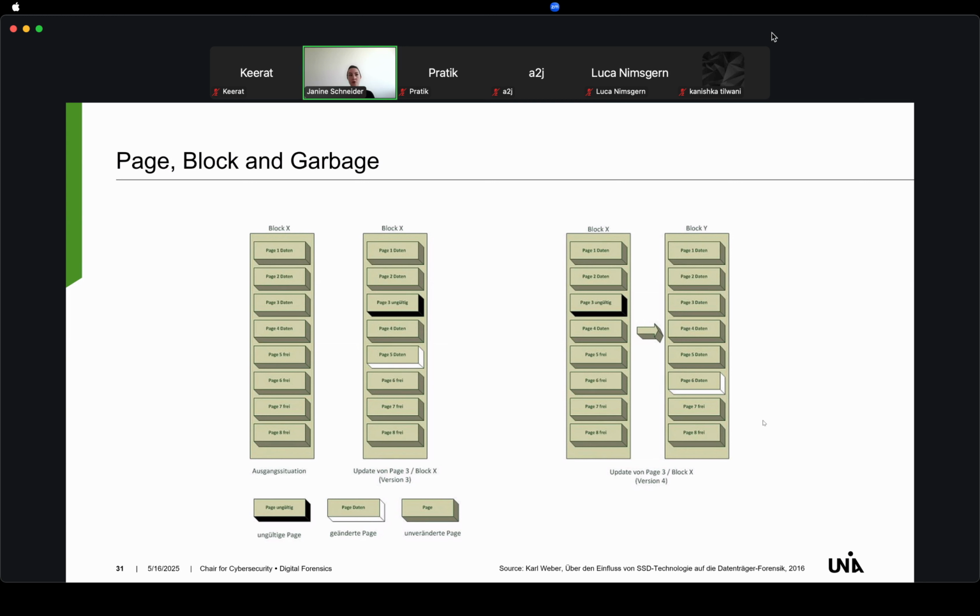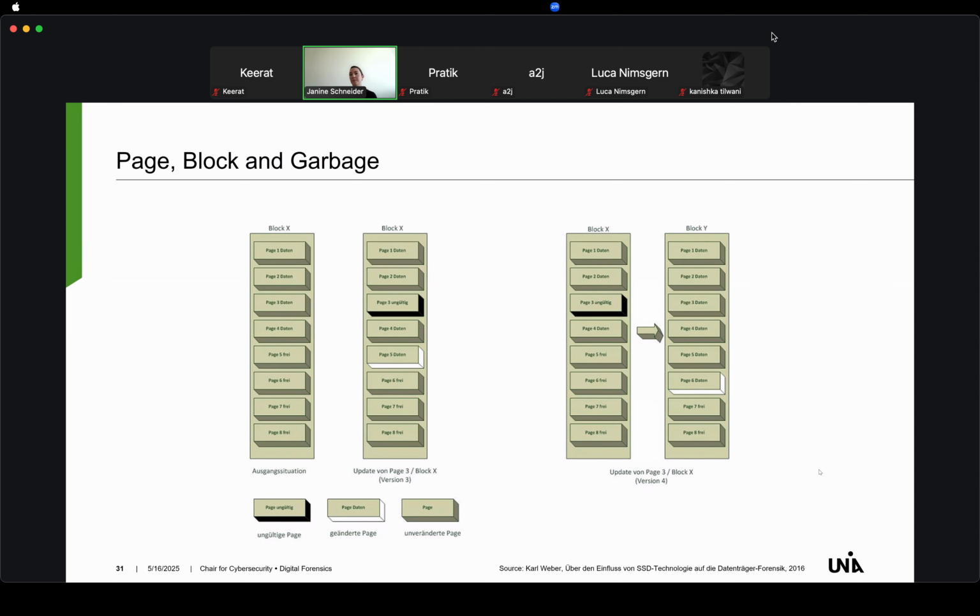To prevent that, the SSD tries to distribute these processes over the whole SSD, over all NAND flash chips, over all cells, to increase the lifetime of the SSD. So this is wear leveling, and this is also done in connection with the garbage collection mechanism.